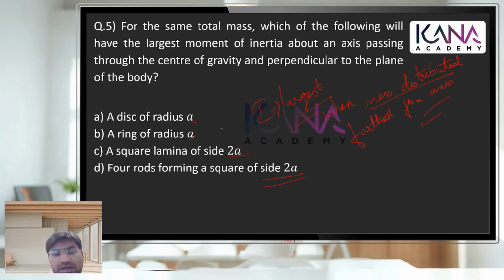Okay, so what have they given in this? Ring is greater than disk, then rods on the perimeter distribute more mass far out than the lamina.